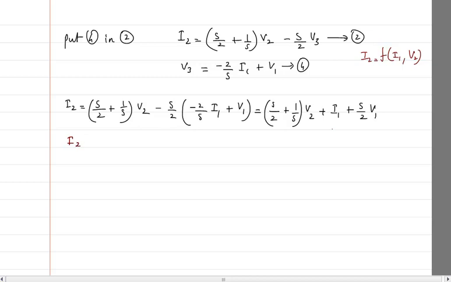So I am having I2, let me change the color. I2 is equal to S square plus 2 divided by 2S, that into V2 plus I1 plus S by 2.